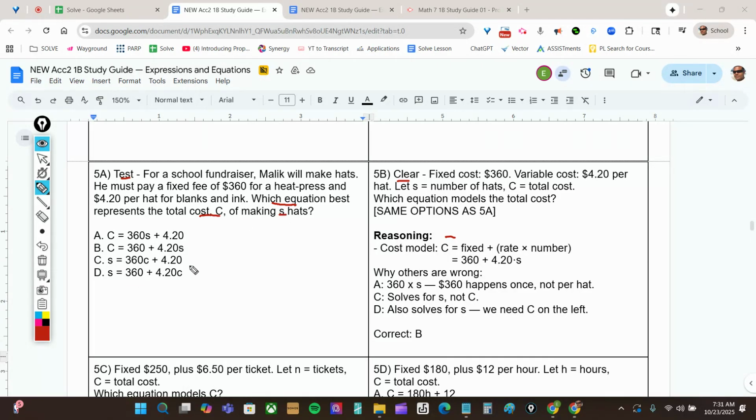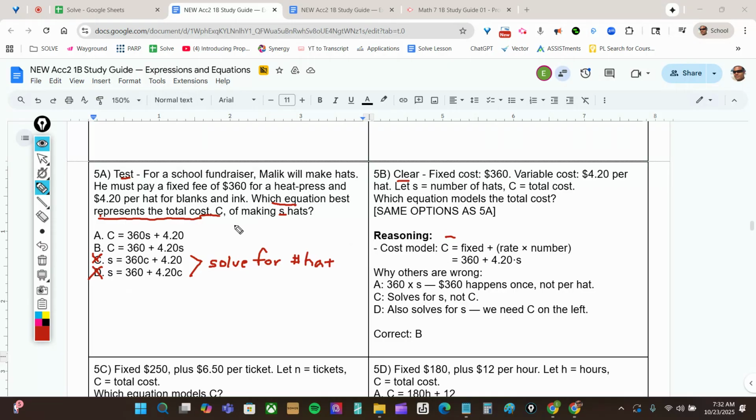These two have got to be wrong just off the top, because they solve for the number of hats. It says it represents the cost, so it's got to be A or B. C and D solve for number of hats, so those are wrong.